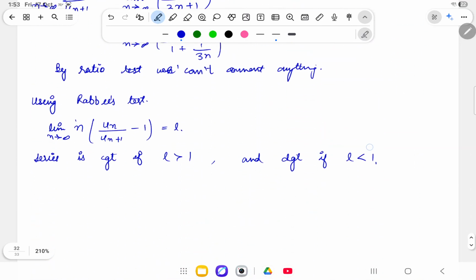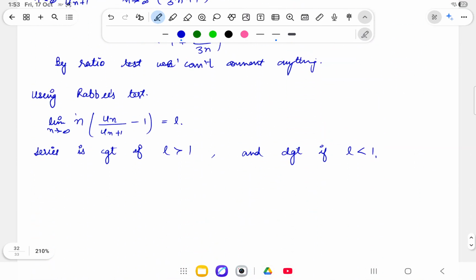So let's see what we get after calculating this limit.